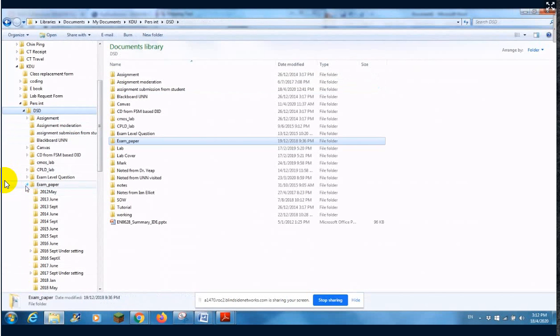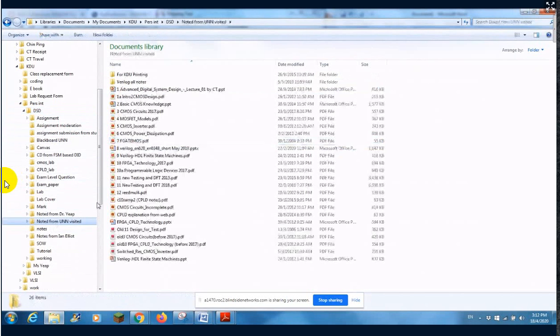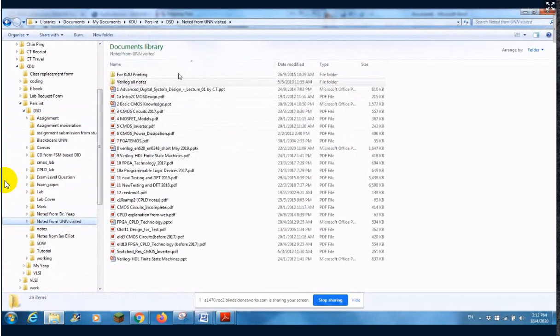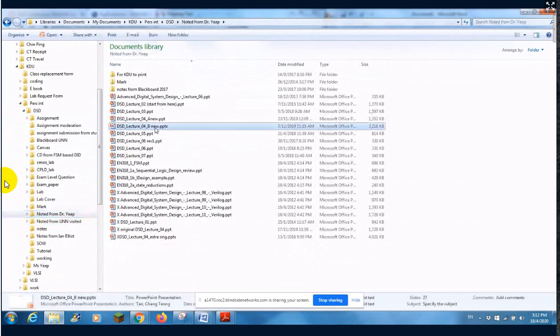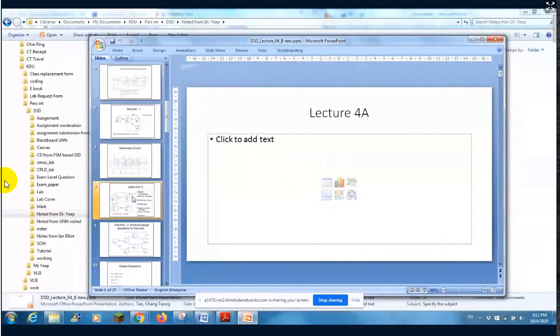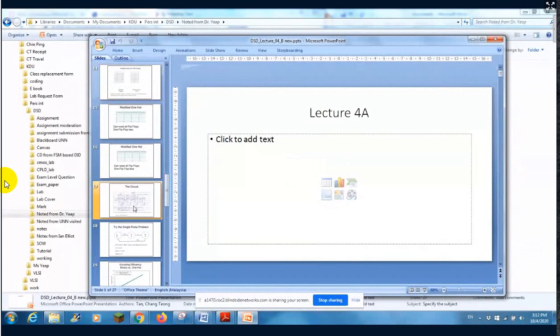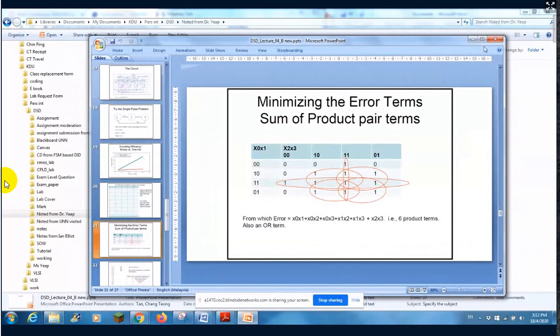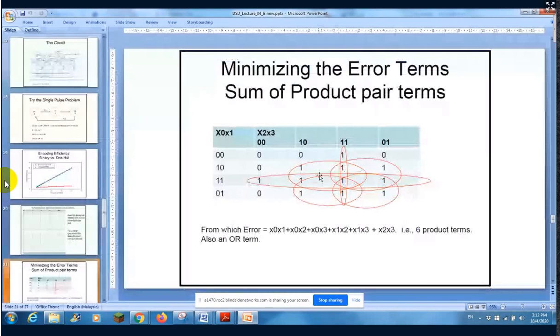We talked about the reset term, minimizing the error term, sum of product.